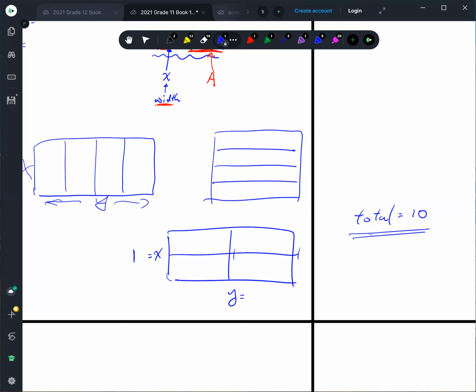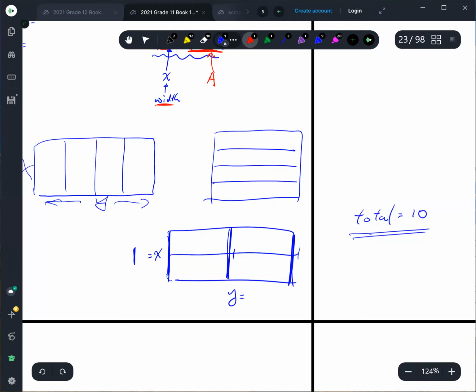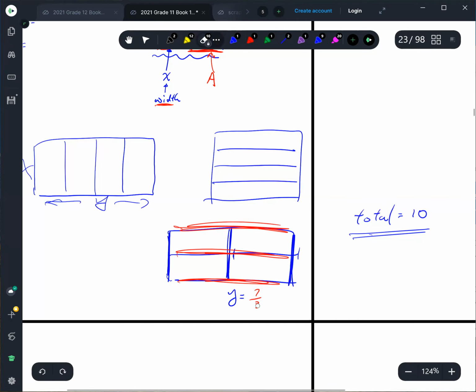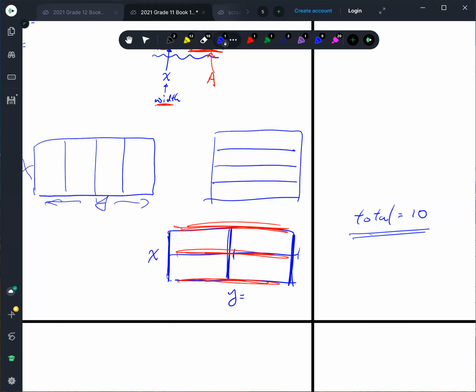So if you use 1 meter here, 1 meter in the middle, 1 meter on the side, how much fence do you still have left? You would have 7. Yeah, and then you want to use that 7 to make this one, and this one, right? How long would that be? 2.3333. It will be 7 divided by 3, right? Make sense? So if you want to draw it like that, then you need to set it up according to it. So how do you find the Y?